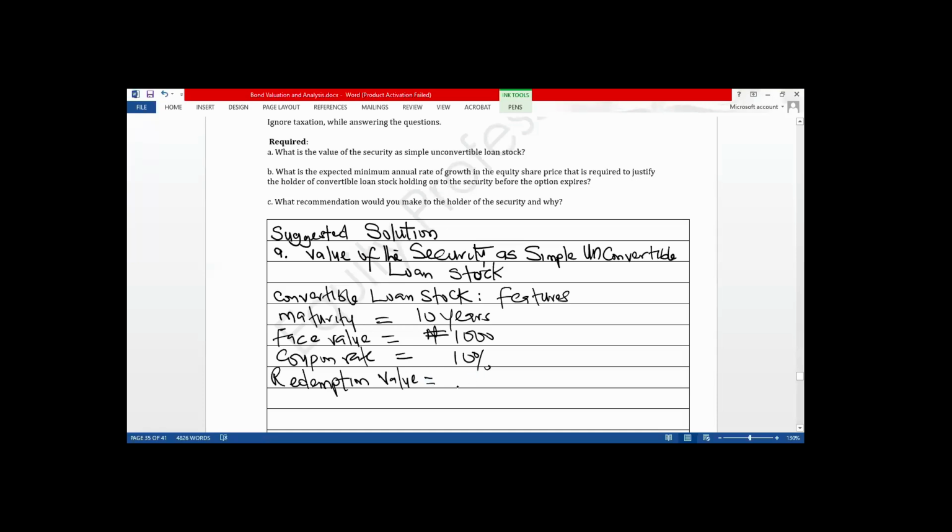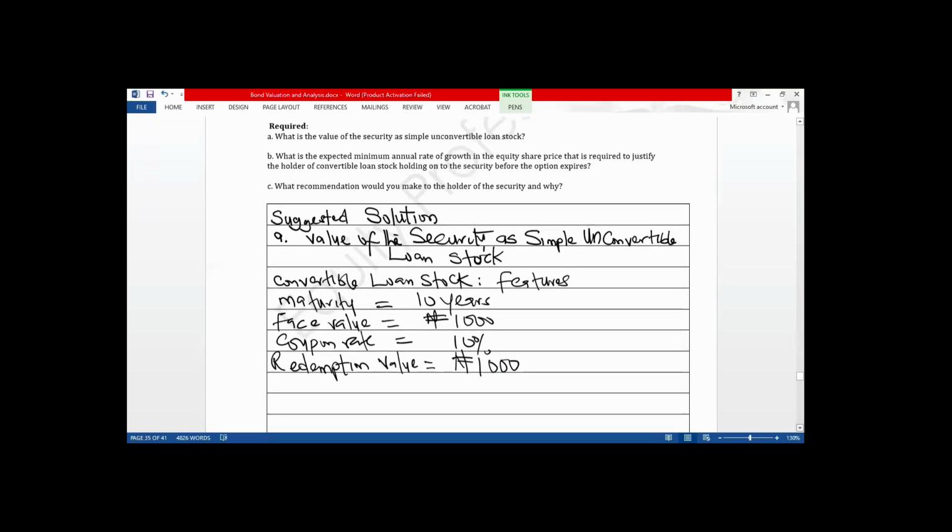If the question is silent about the redemption value, then we are going to assume that the bond will be redeemed at par value. The par value is the face value. We have itemized the features of this bond. Why am I doing this itemization? It is to enhance understanding.